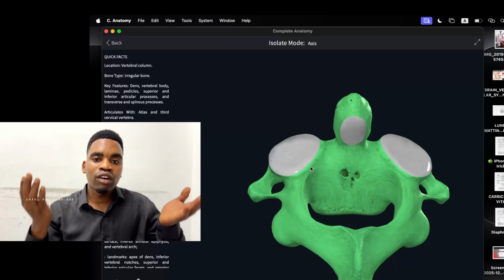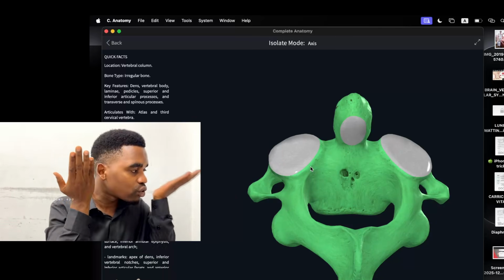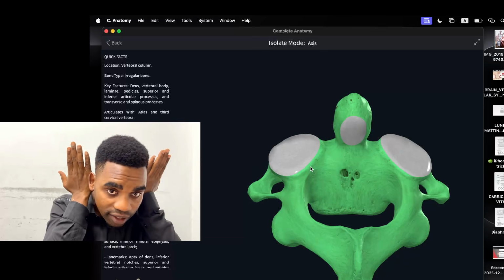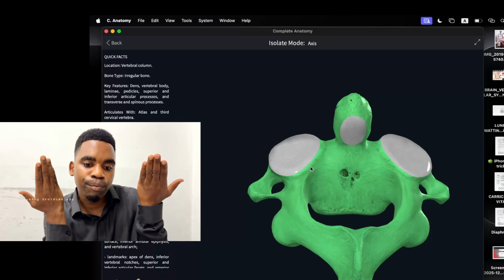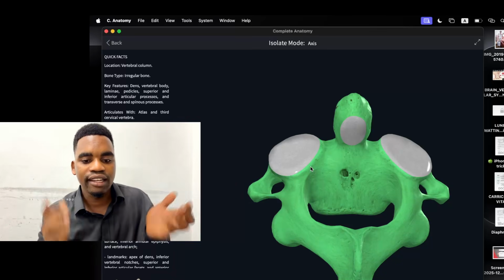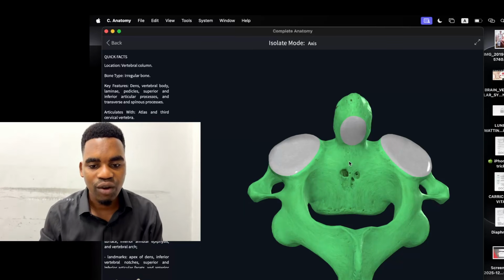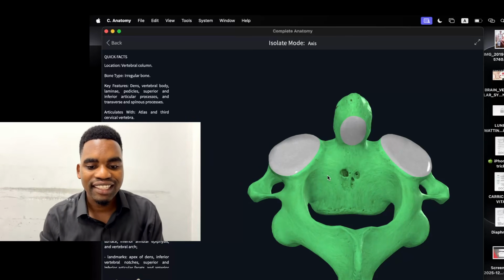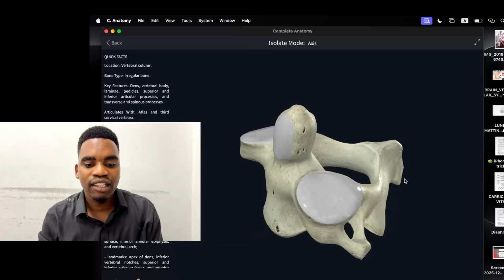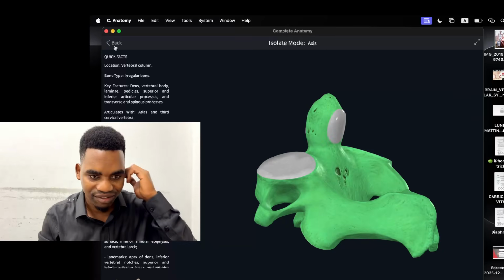We expect the superior articular facet to point a little bit superior and posterior, but this one is pointing a little bit lateral, so it deviates from what we know. We have said C2 vertebra is expected to form a joint with the C1 vertebra.